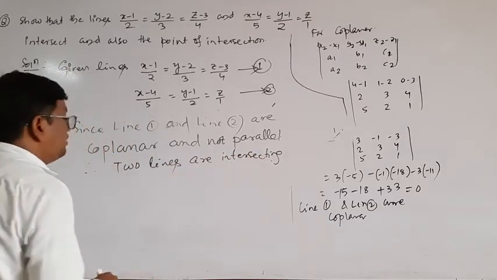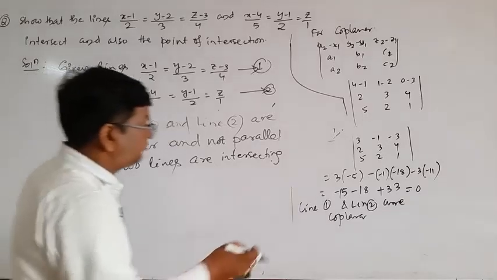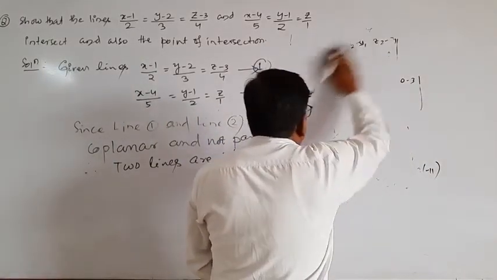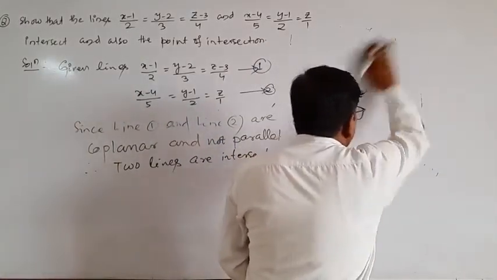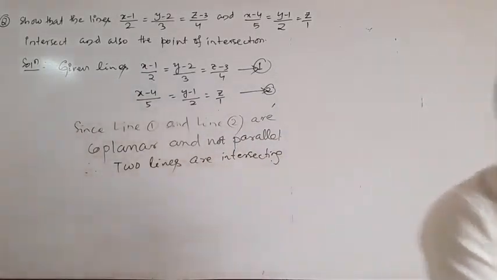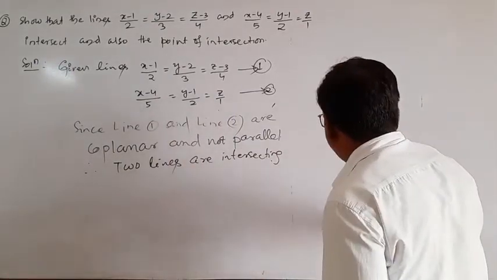Now to find the point of intersection, let one of the values of the line be equal to lambda.